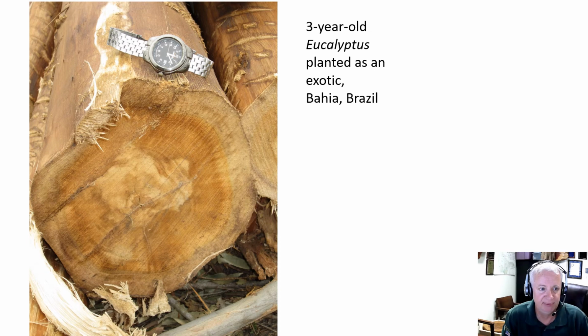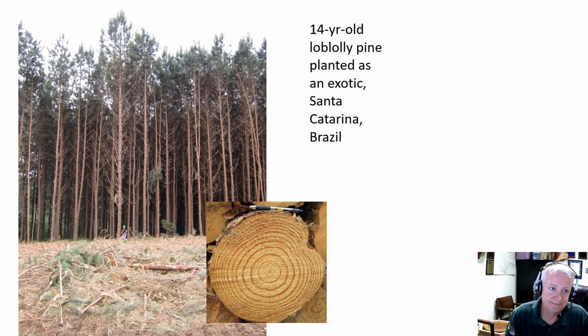I'm not sure of the species or the hybrid, but this is a 3-year-old eucalyptus tree that's been harvested in Brazil. With my watch for scale, that's a pretty big tree for 3 years. It was probably 50 or 60 feet tall. So eucalyptus can grow very rapidly as an exotic.